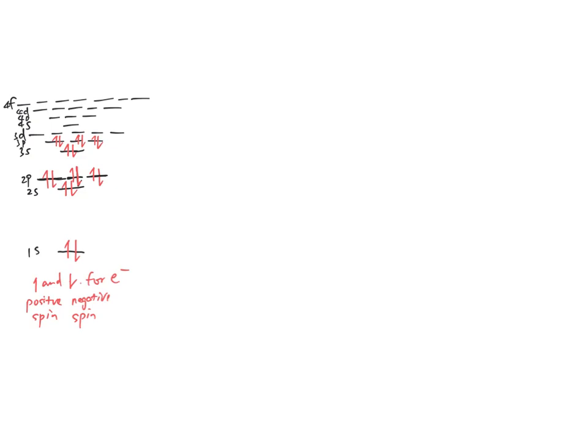Okay, and of course, people would say that the next one, I'm going to put an electron there. Now, for the first 18 elements on your periodic table, our scheme worked out perfectly.